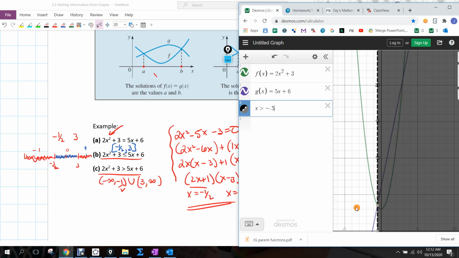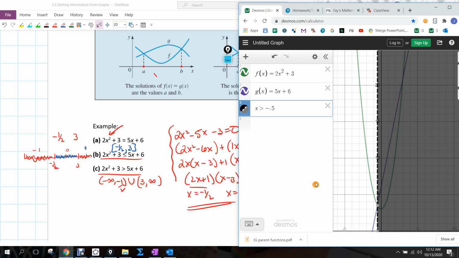So I'm going to look at just the values to the left of -1/2, because right there is where they're equal, so to the left of that, they must be unequal. You see that the green one is above the purple one. So 2x squared plus 3 is greater than 5x plus 6, and that's to the left of -1/2. Well, that is this interval right here.